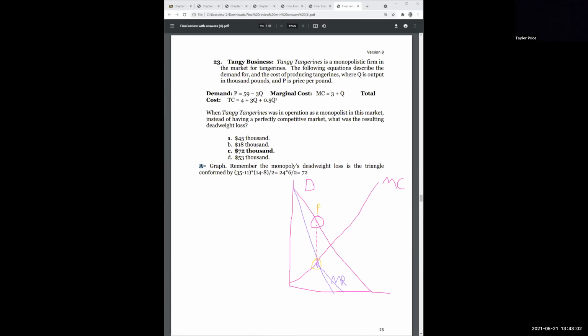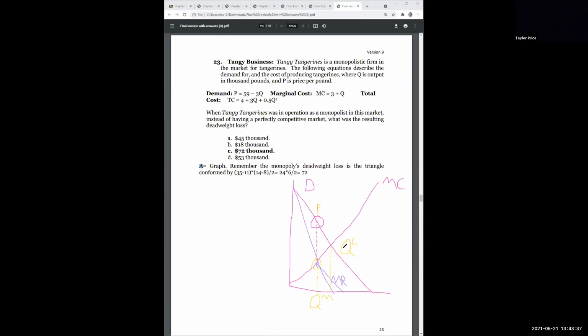Then you also need the quantity at the monopoly outcome, which I think was in 21 or 22, one of the initial ones, you figure this out. So you'll need that. And then the final piece that you need is the quantity at the perfectly competitive outcome, which let's say QC.